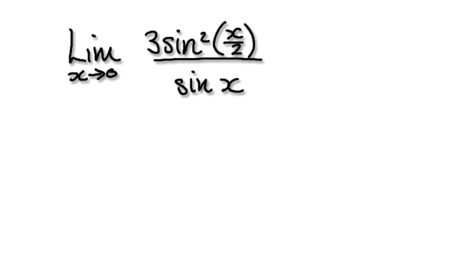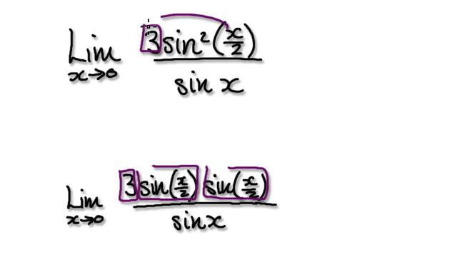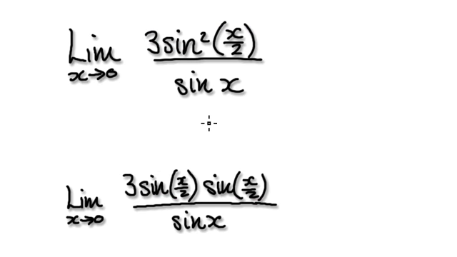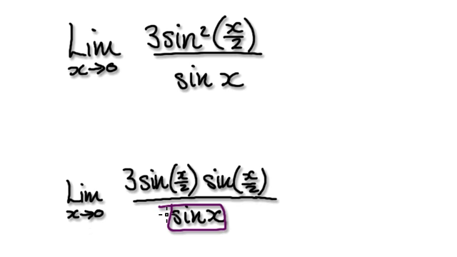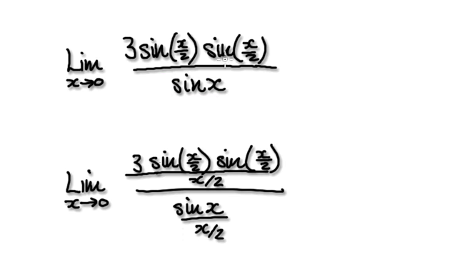Okay, so to do this here, visualize it as this block times this block times this block. That's what you've got at the top here, and then at the bottom is just this block here. Divide top and bottom by x over 2.